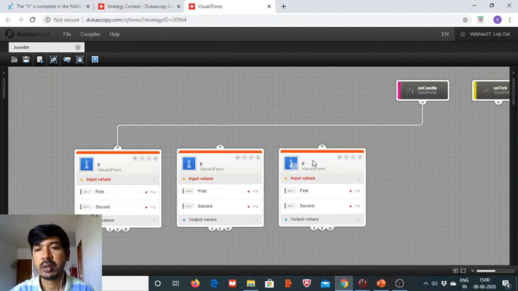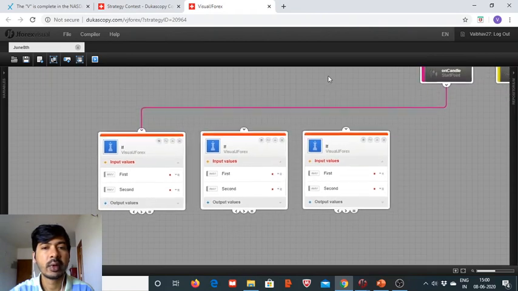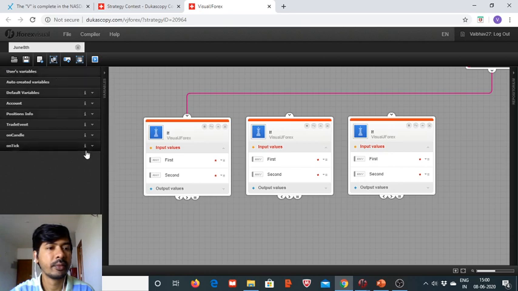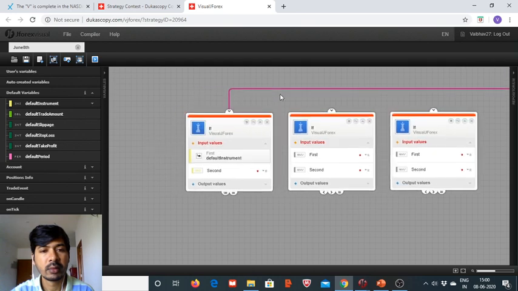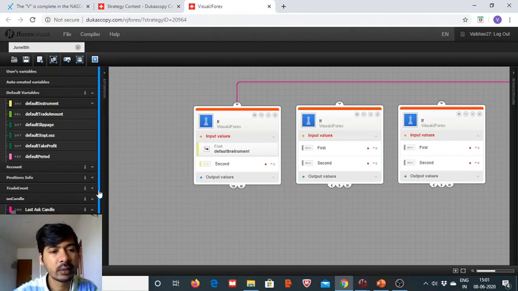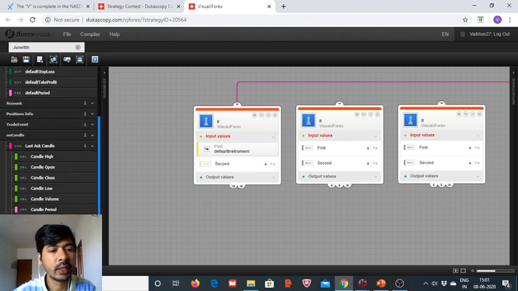So here we go, and now default variables, default instrument, and then we take on tick, on candle, last ask, and here we take candle instrument.